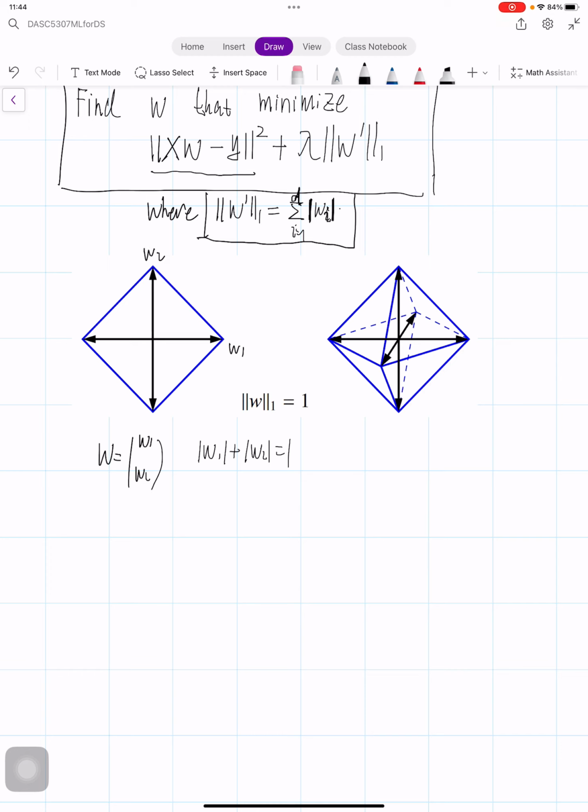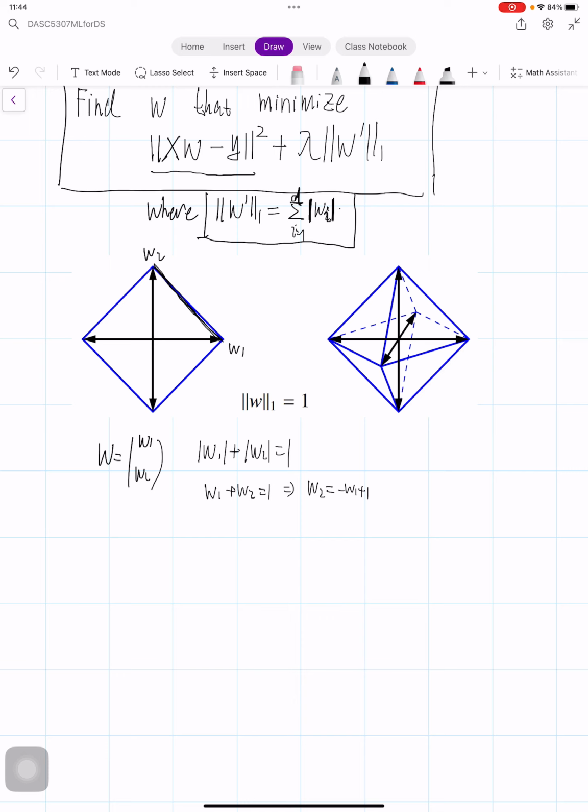In the first quadrant, both quantities are positive, so W1 + W2 = 1, which is equivalent to W2 = -W1 + 1. Therefore the contour plot is a line here, so you have this diamond-shaped iso-contour plot.